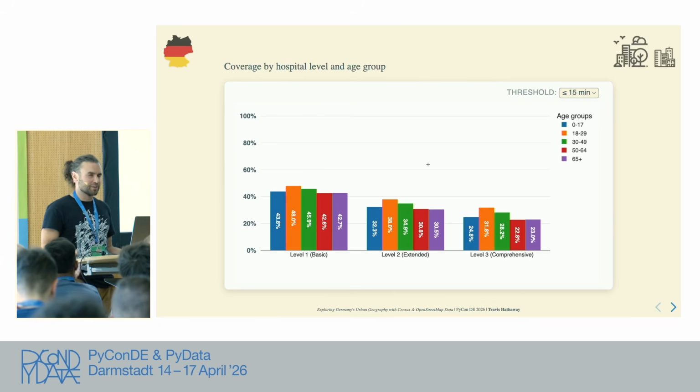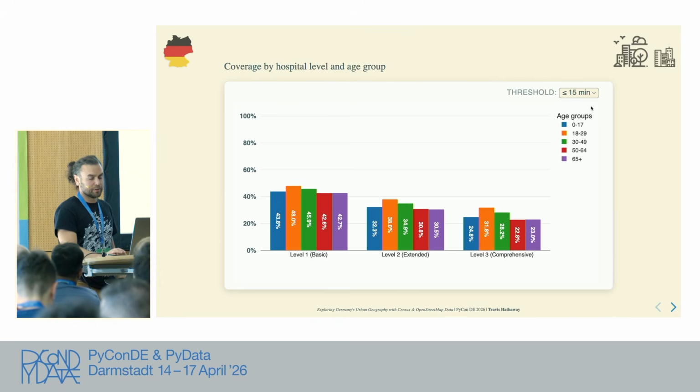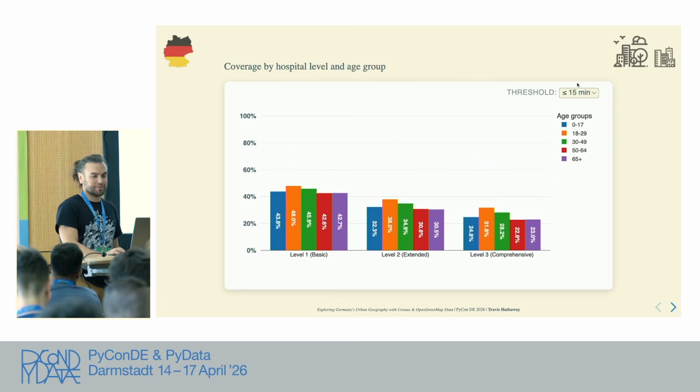And what we see also with the data set is that highly urban environments have just better access to hospitals, because that's where these hospitals are. Another thing is that a lot of these hospitals, especially the level 3s, are university clinics. And who lives close to universities, right? It's this age group, 18 to 29. And this is really cool because we can dig into it a lot deeper. Like I said, all good research projects just make more research questions.